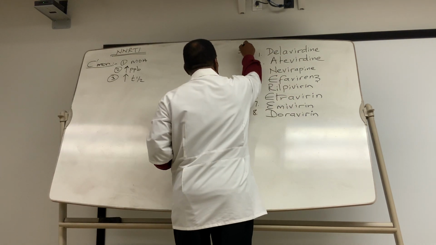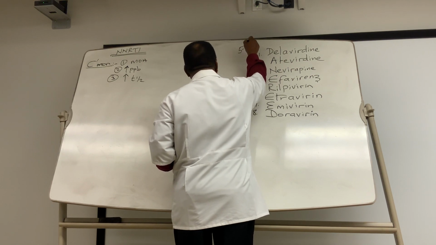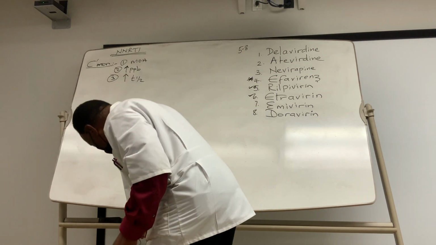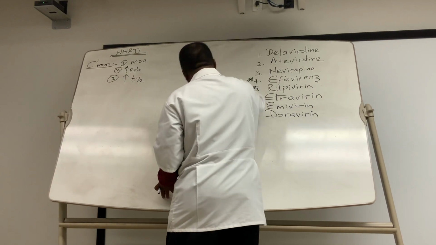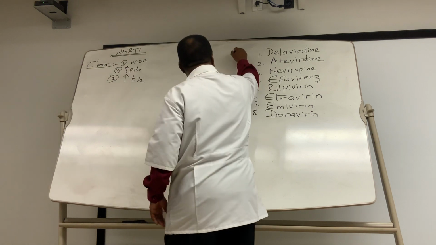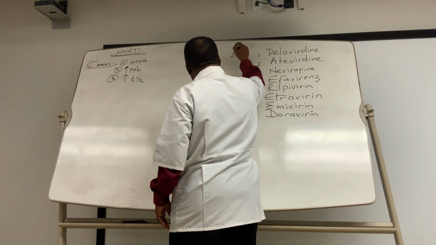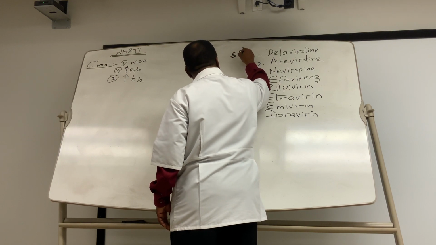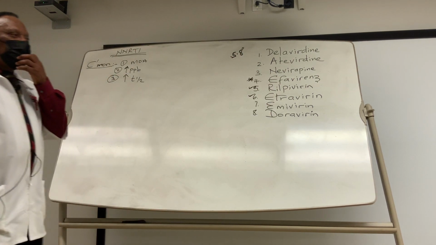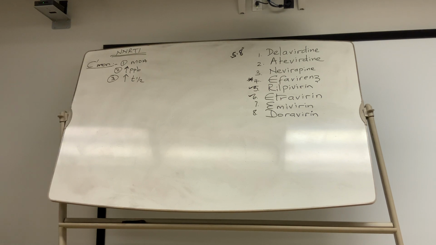Delaverdine is only about 5.8 hours in terms of its half-life. So compared to the others that are between 30 and 60, Delaverdine seems to be a very, very short-acting agent.